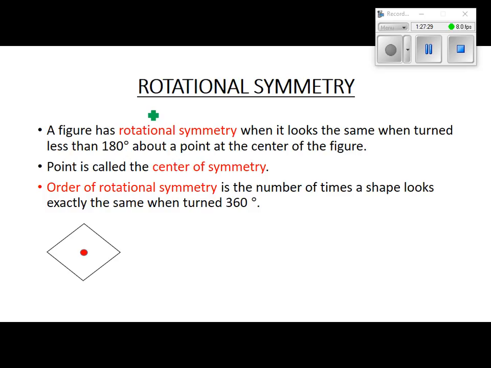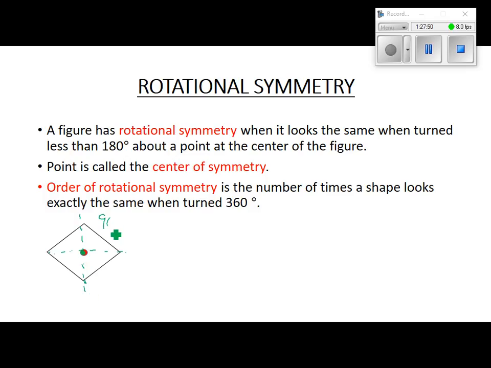We're looking at this and we're trying to do rotational symmetry about this point right here. If we turn it, and this corner ends up on top right here, it's going to look the same. If you think about an axis going through here, we turned it 90 degrees.